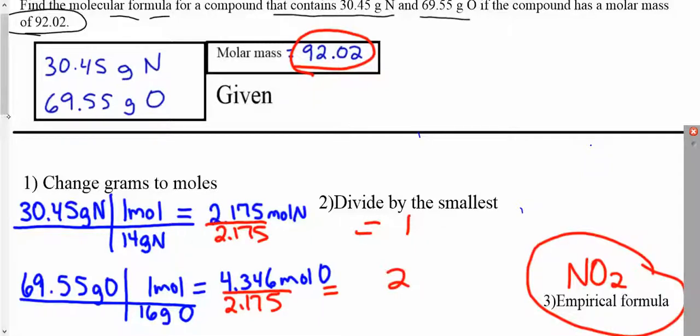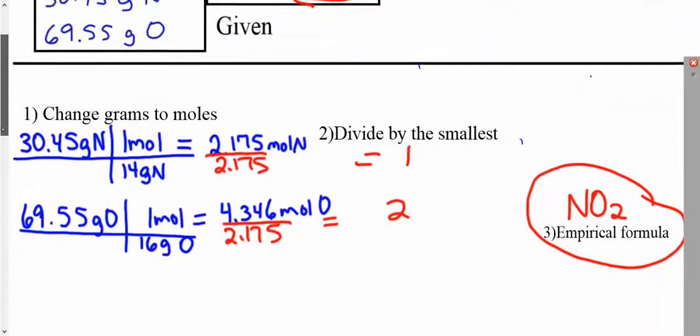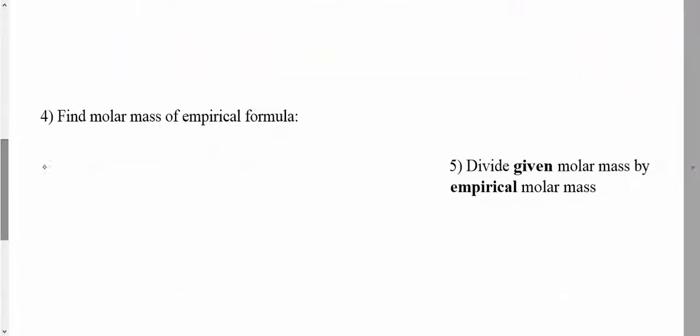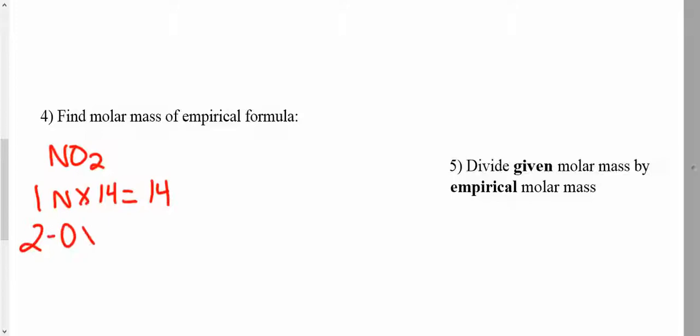Let's find the molar mass of NO2. NO2. Well, it has 1 nitrogen. Nitrogen has a molar mass of 14. It has 2 oxygens. Oxygen has a molar mass of 16.